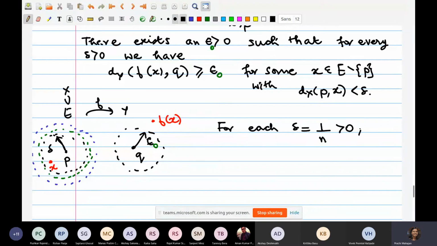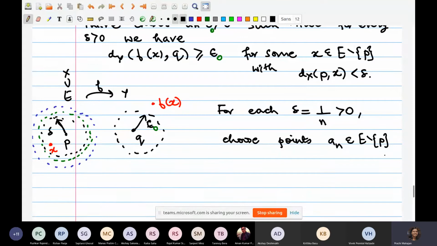Now, this guarantees me that if I look at a 1 by n neighborhood around the point P, there is going to be a point in that neighborhood which is mapped outside this epsilon naught neighborhood of Q via F. So I'm going to choose points an in this set E minus P.